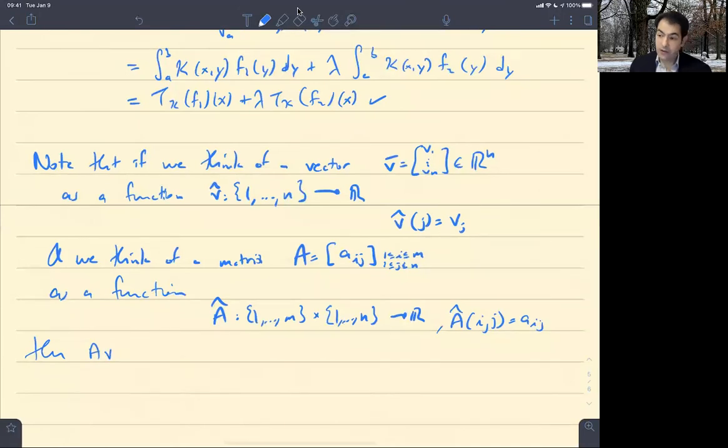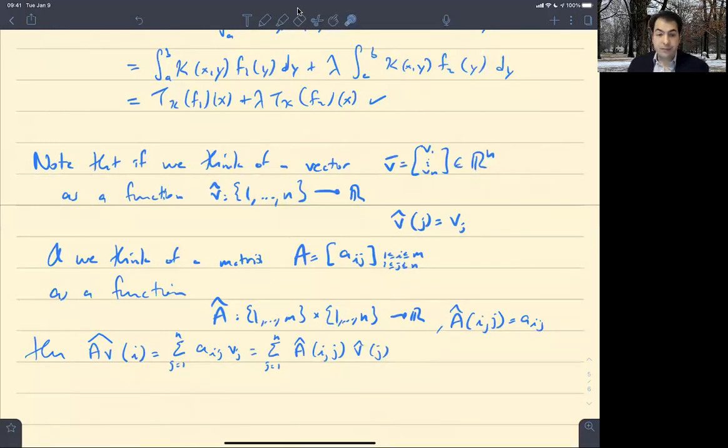Okay, matrix vector multiplication, if we think of this as a function, it would assign to i, right? So this would be the sum a_ij v_j, where j goes from 1 to n, which we could write as the sum of a hat of i comma j times v hat of j, where j goes from 1 to n, right? So notice that this is really like the linear map we had above. That was a continuous version of this, right?